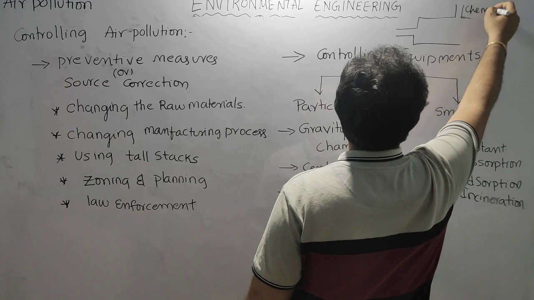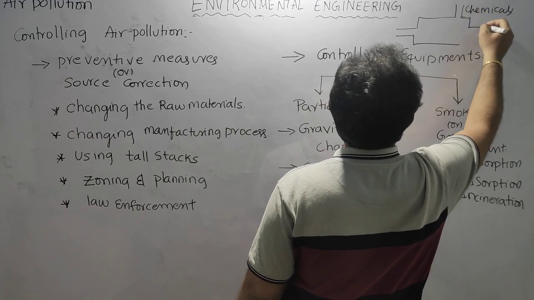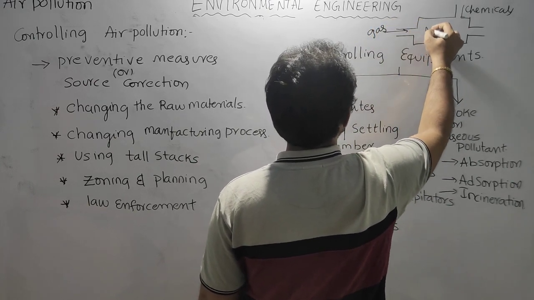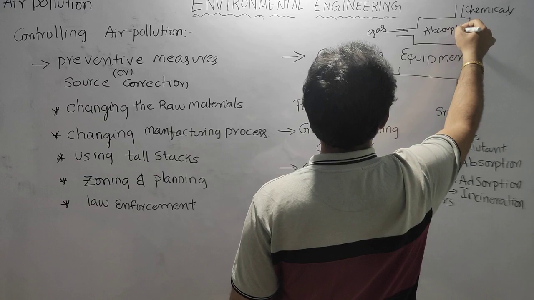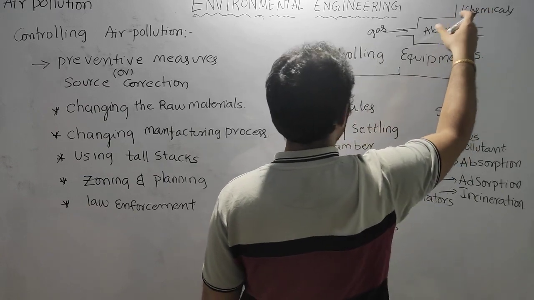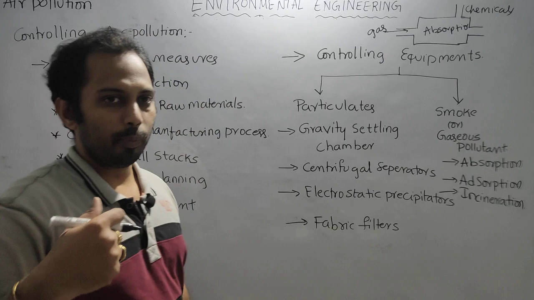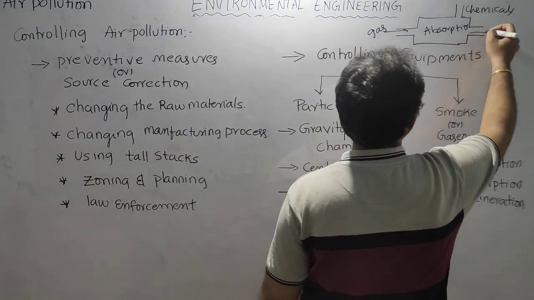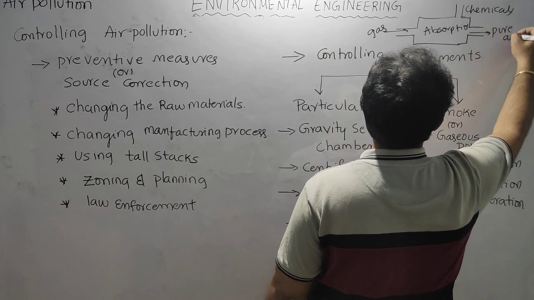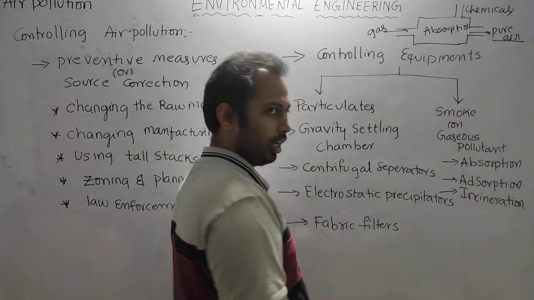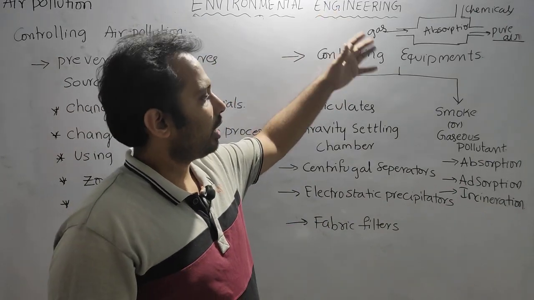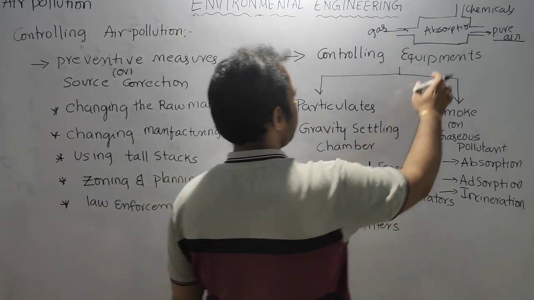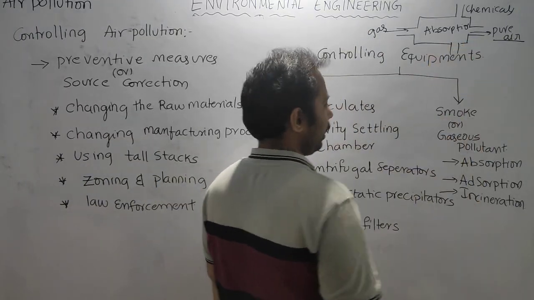The chemicals absorb the gaseous pollutant and leave the pure air outside. The air free from pollutant comes outside. The chemical reactions absorb the pollutant, and whatever precipitate is formed is taken out like this.